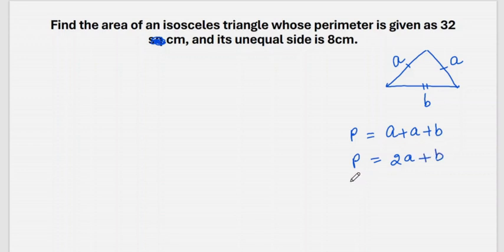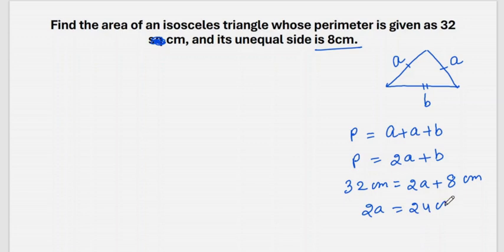What is the perimeter given? Perimeter is given as 32 centimeter equal to 2A plus B. What is the value of B given? Value of B is the length of unequal side. So it is 8 centimeter. So we can calculate 2A equal to 24 centimeter, and then finally we got A equal to 12 centimeter.